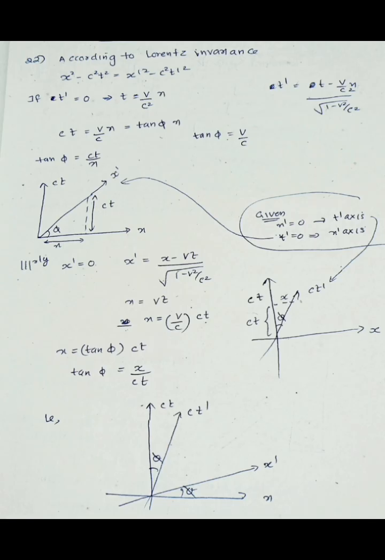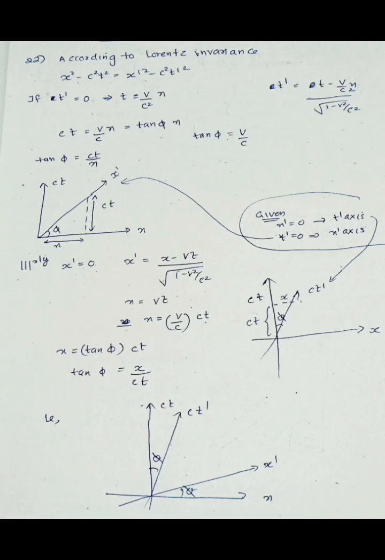So we get a graph like this. So combining these two graphs, we get the graph in such a way that x is moving upwards to get x dash and the ct axis is moving clockwise to get ct dash.